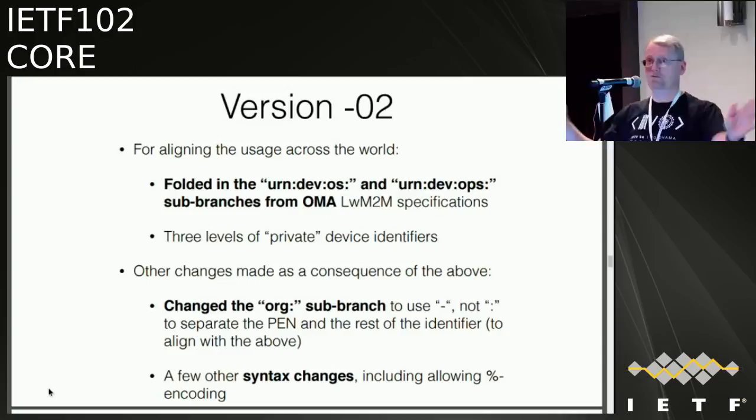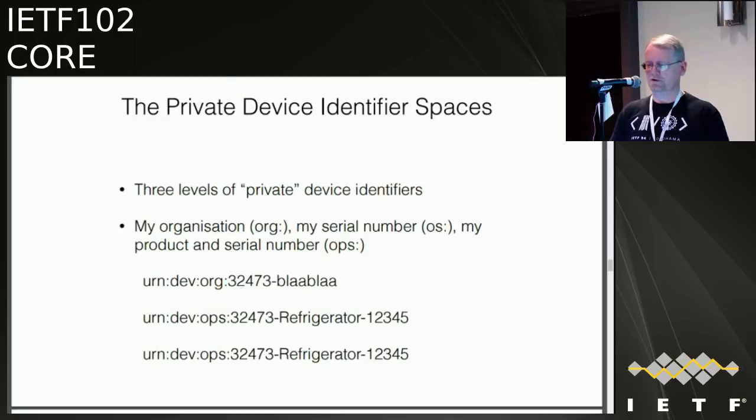Perhaps, I don't know. You can tell me otherwise. So that is what is in the new version, and just to highlight what this results in: the idea is that if your organization needs some kind of serial numbers or private numbers, then we have a branch or a set of branches to do that.